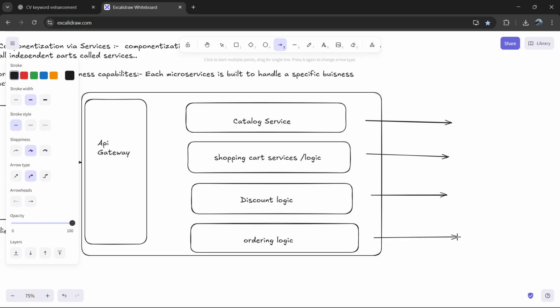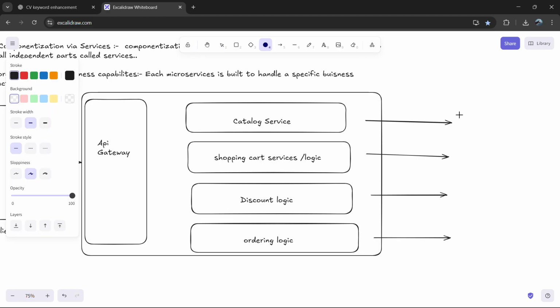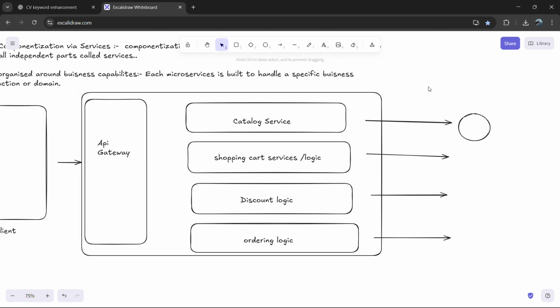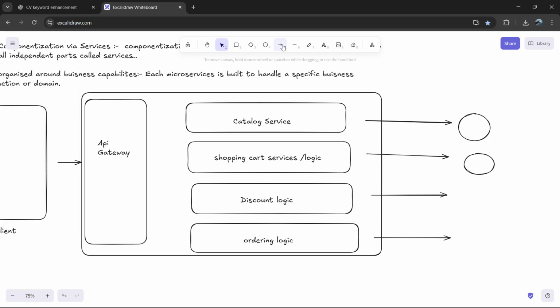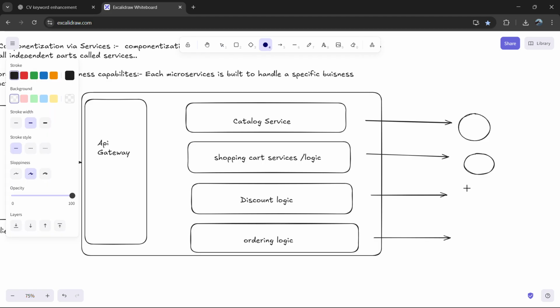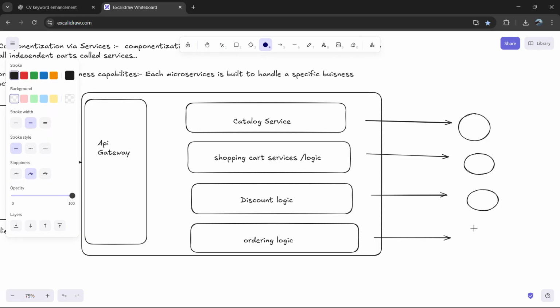I will not make the whole diagram, but suppose this is our database where all the details of the services are maintained.